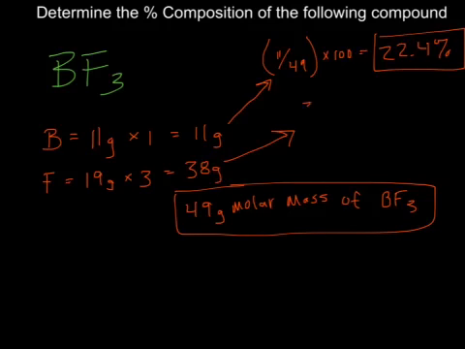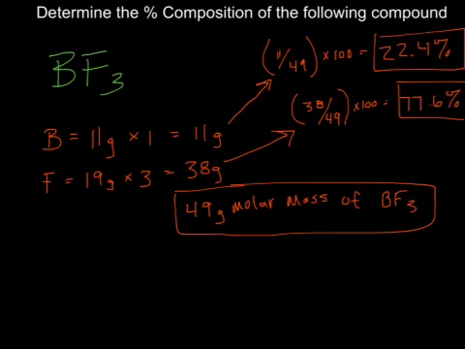And same setup, we have 38 grams of fluorine divided by our 49 grams of our compound, multiplied by 100, and that is going to give us 77.6% for fluorine.